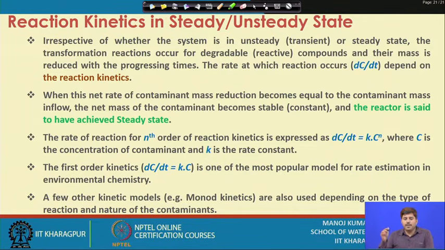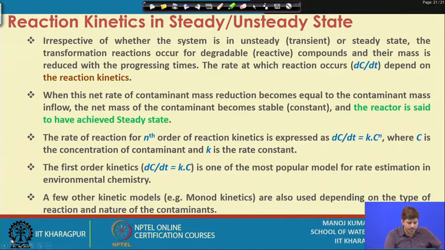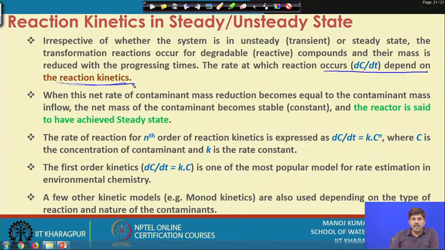So, particularly in the reaction kinetics, the rate at which the reaction occurs, dC by dt, is the rate at which the reaction is taking place. This rate depends on the reaction kinetics, what kind of reaction there is.